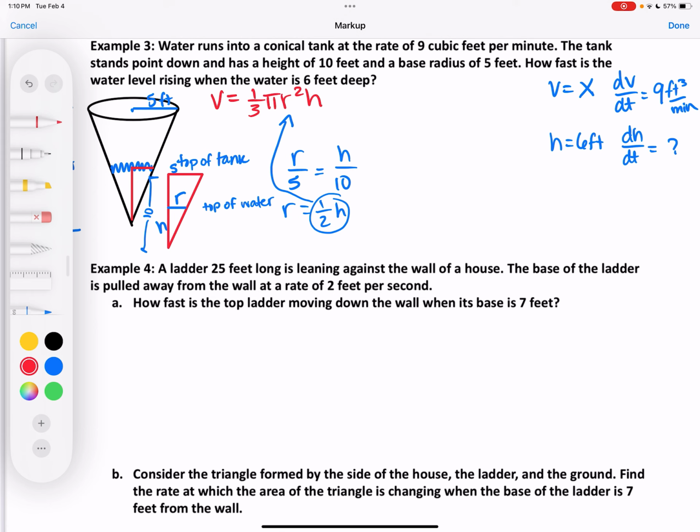So V equals 1/3 pi times (1/2 h) squared times h. When I square this, that's 1/4 h squared. So V equals 1/12 pi h cubed.